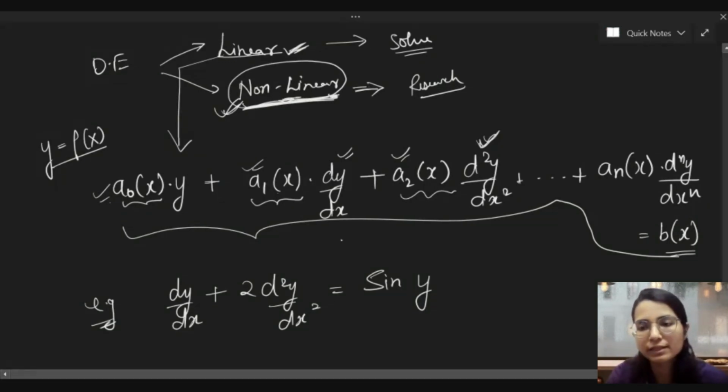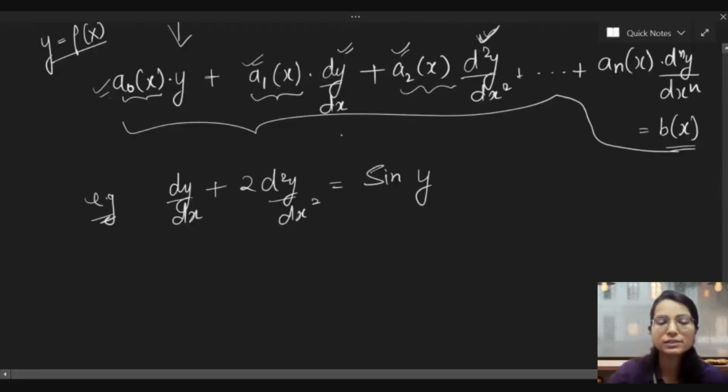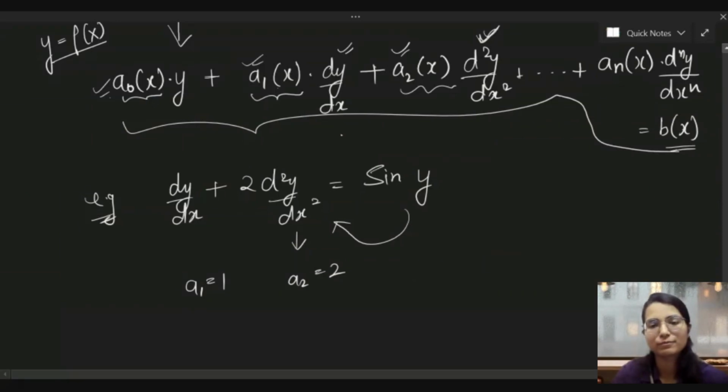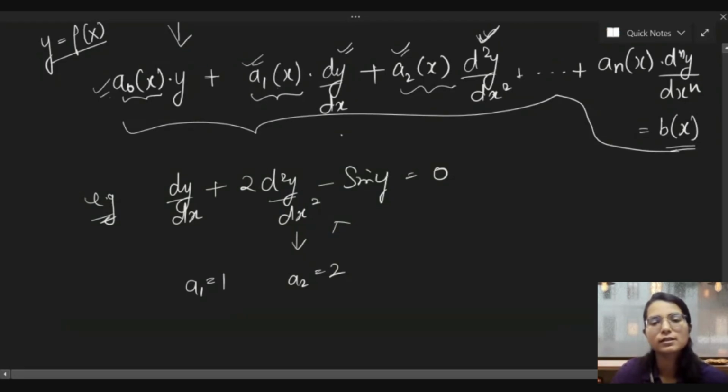You might be wondering whether it is or not. If I compare it with the above general form, I get a2 as 2, a1 as 1, and if I take sine y from right to left, what will it be?